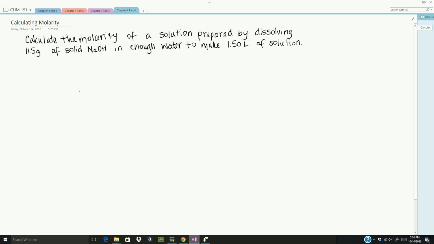Okay, so we're given a couple of different things in this problem, so let's write out what we're given. The mass of our sodium hydroxide is 11.5 grams, and the solution volume is 1.50 liters.